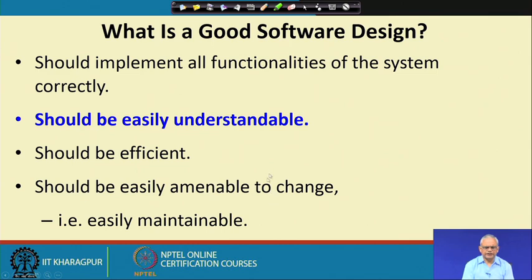But we have highlighted one aspect here, that the design should be easily understandable, and it turns out that this is one of the most important characteristics of a good software design.